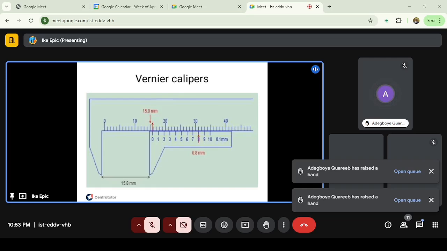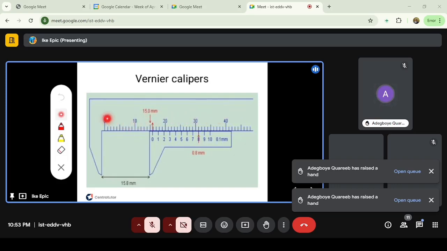The main scale is the reading that is like on the normal ruler. All these readings are like a normal ruler. The ones up here are known as the main scale. If you see the main scale, you check the gap between the readings on the main scale. Here we have 0, 10, 20, 30, 40.